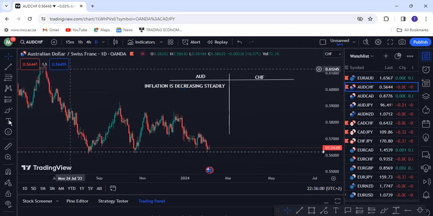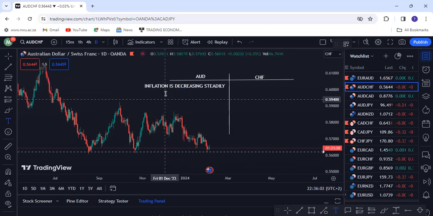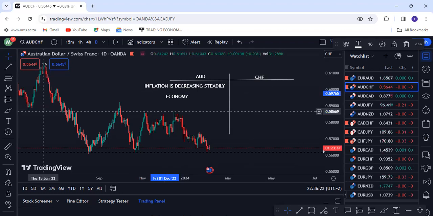What we know is that the Australian economy, we won't really say that it's in a boom phase, but it's better than most economies. It's absolutely better than most economies.